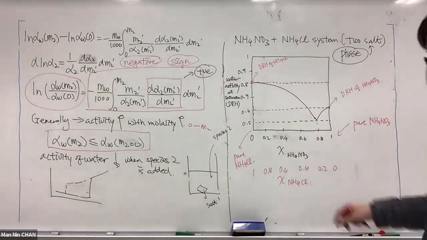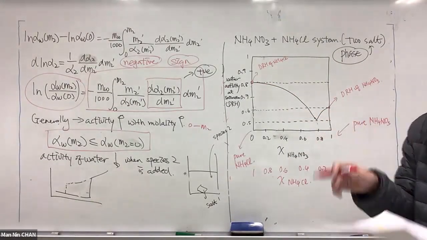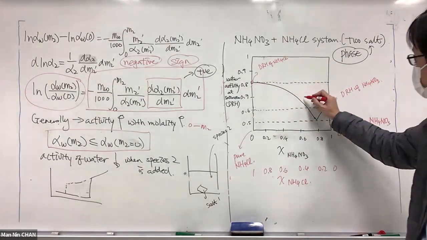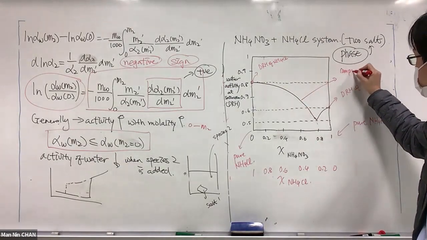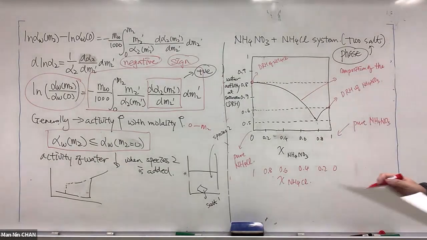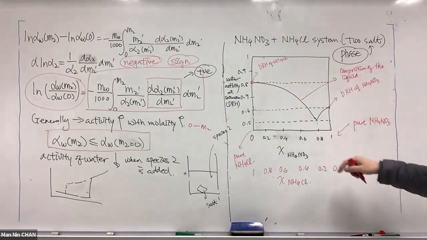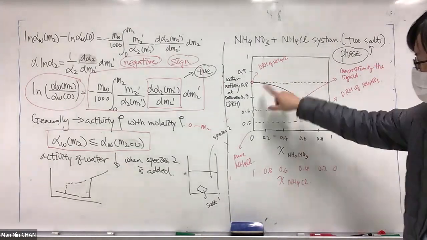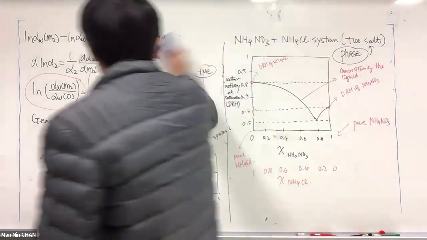So you can argue that this line will give you some idea about the composition of the liquid, or the solution. But how to understand this phase diagram? Let's look at this.